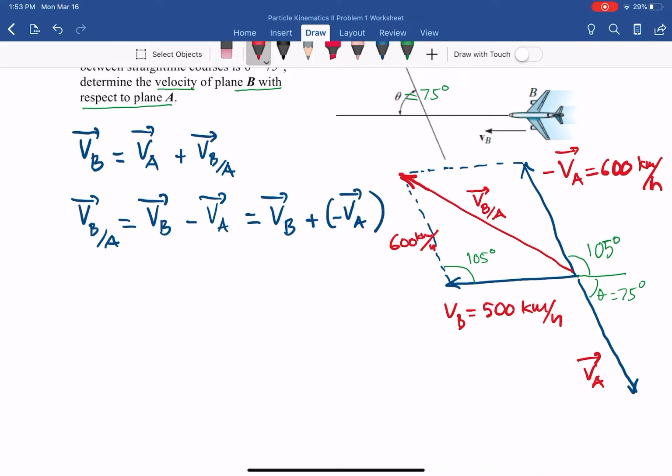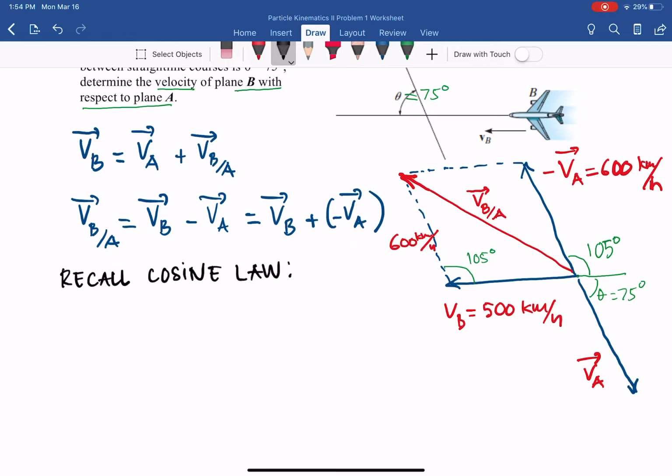For example, the magnitude of VBA, we have the opposite, so we use the cosine law. So let's review the cosine law.